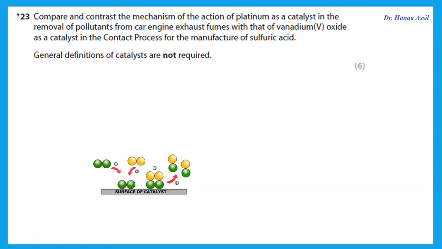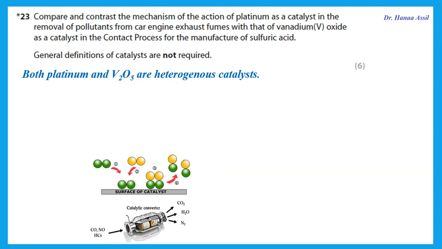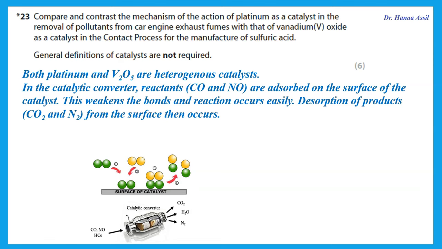We're told to compare and contrast. Remember, both of them are heterogeneous catalysts. The platinum is a solid with the car engine gases, and the vanadium oxide is a solid with the gases that are used in the contact process.